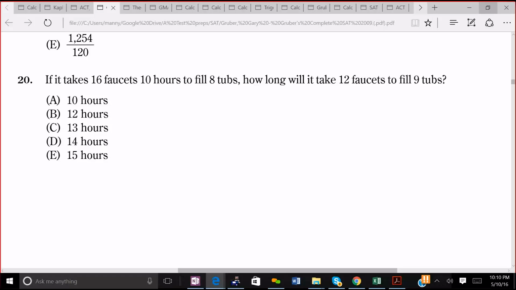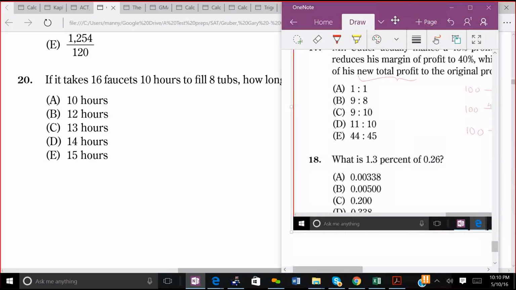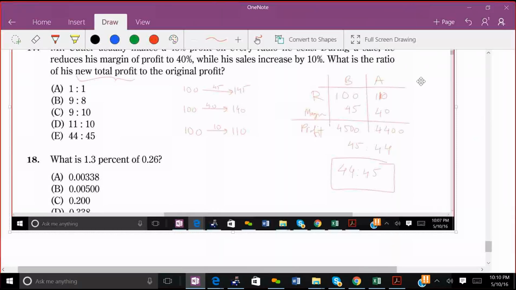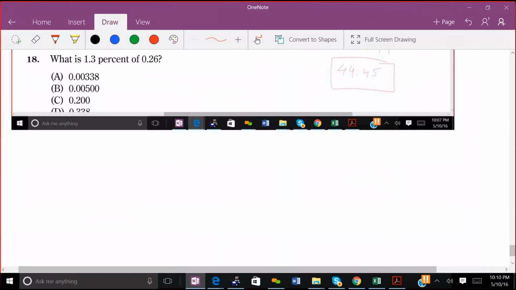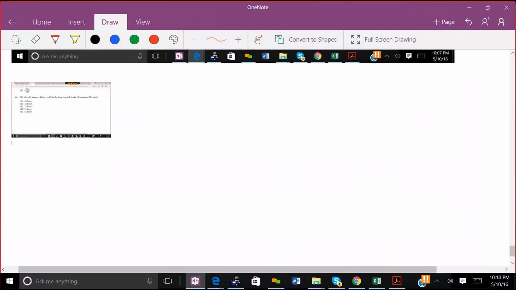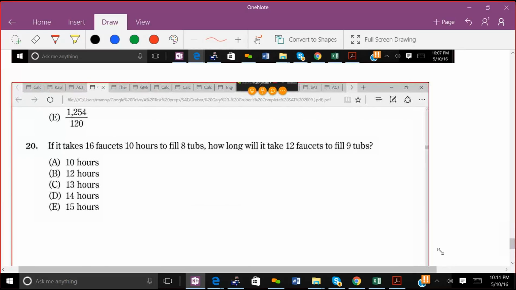There are 3 variables, so you have to be cautious because there's no relationship among the variables. It's not like speed times time is distance. So with this kind of question, I have my own technique. I'll show you how to do it.